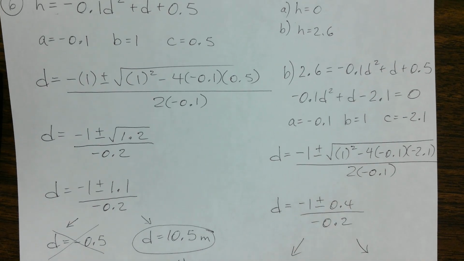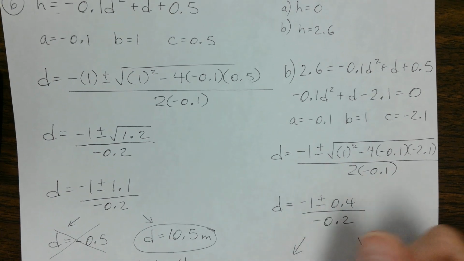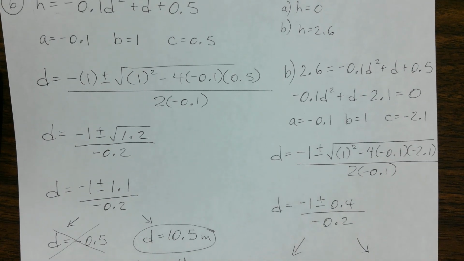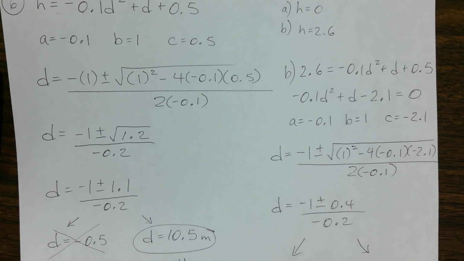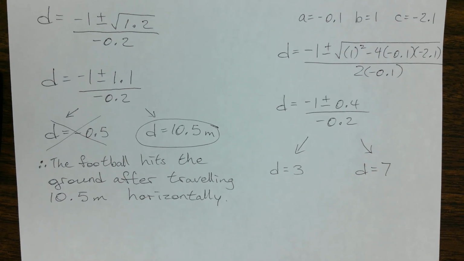So D equals negative 1 plus 0.4 divided by negative 0.2. You get 3. And negative 1 minus 0.4 divided by negative 0.2. You get 7.